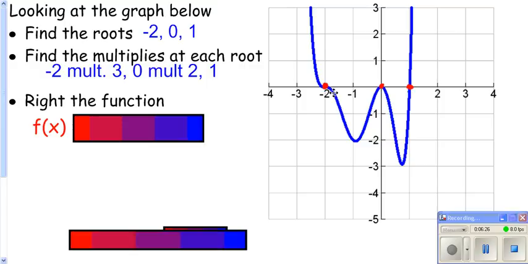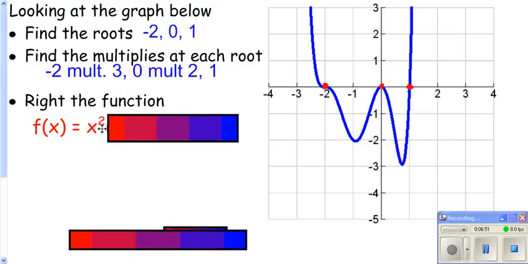Now, when you have your multiplicities and you have your zeros, you should be able to write your function. So, we have an x being squared here because your 0 is at 0. When you're working this out, you know what's going to create this to be 0 is 0.